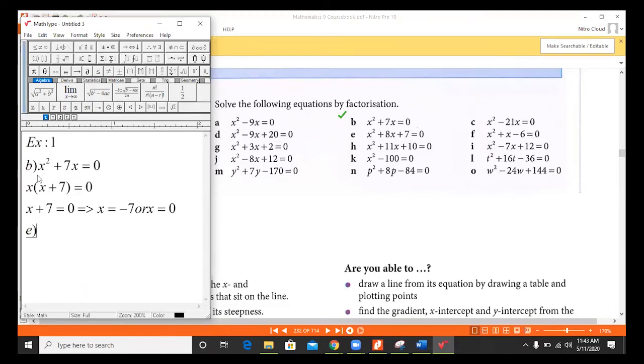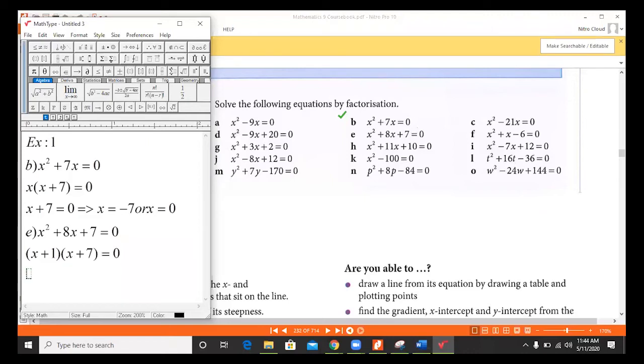The second point, Marcel. Okay, so x squared plus 8x plus 7 is equal to 0, gives us x plus 1 times x plus 7 equal to 0. Checking 7 plus 1, 8.